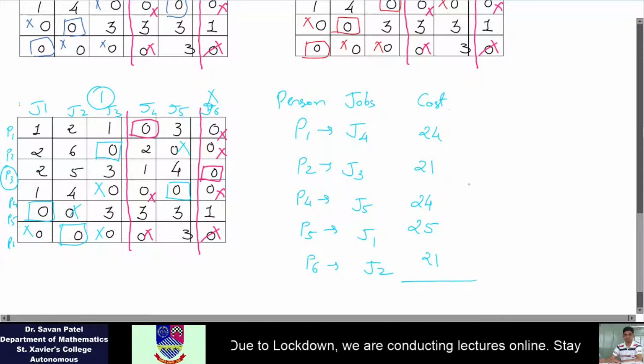Okay, so what is the sum? That is 24 plus 21 plus 24 plus 25 plus 21, which is 115. That is the cost in solution number 1.